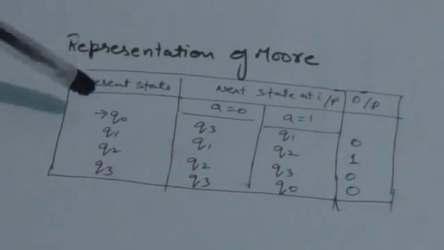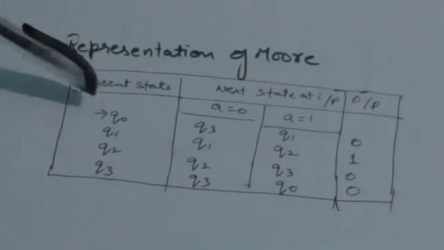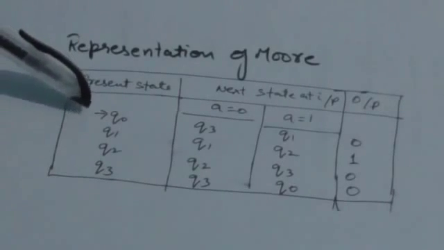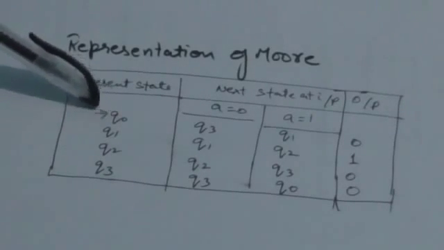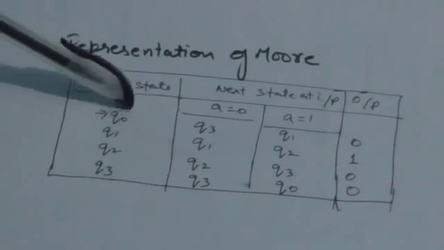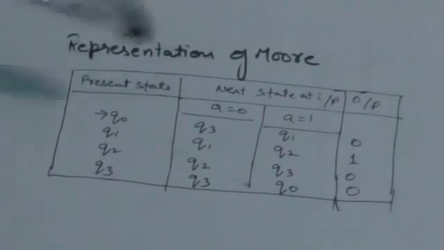Its initial state is also mentioned by putting an arrow before it. Here an arrow has been put before Q0. It means Q0 is the initial state of the Moore machine.